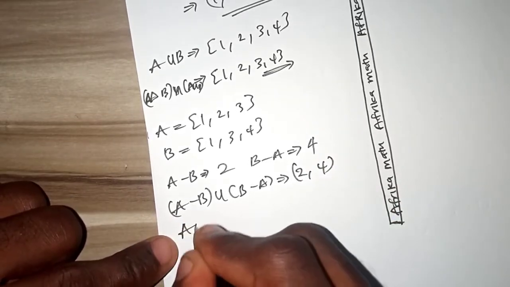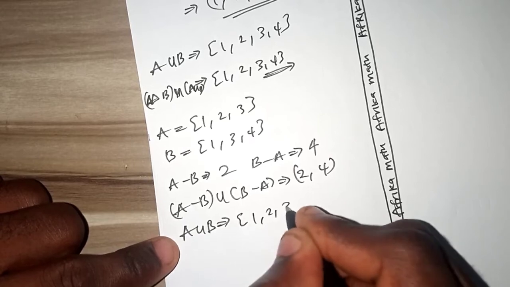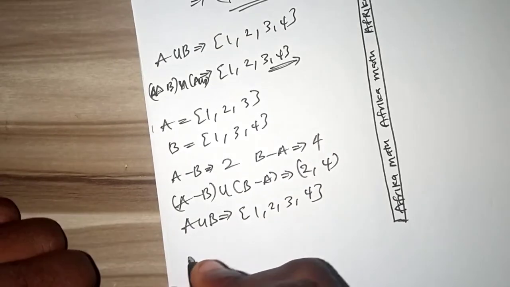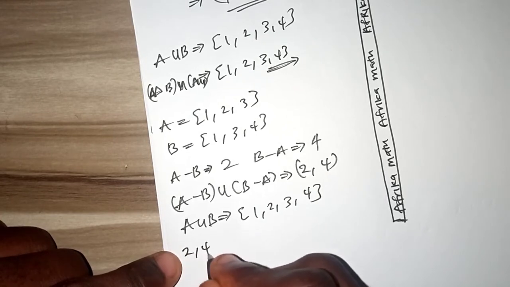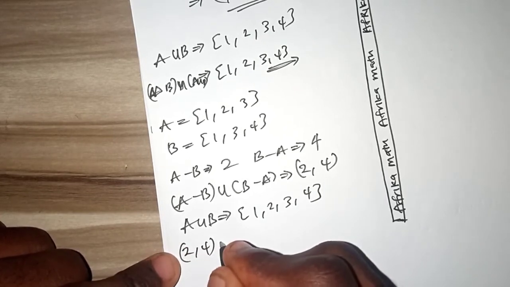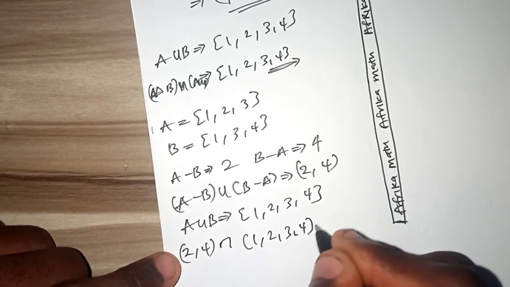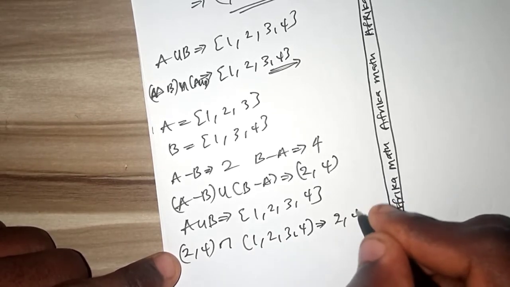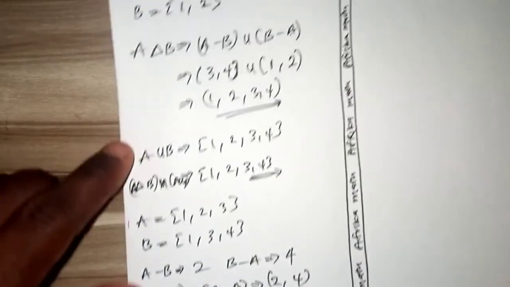Now what is A union B? A union B is 1, 2, 3, 4. Then what is 2, 4 intersect 1, 2, 3, 4? You notice that it is still the same thing as saying 2, 4. That means our answer is the same as A symmetric difference B. Correct. Now let's go into the proving.